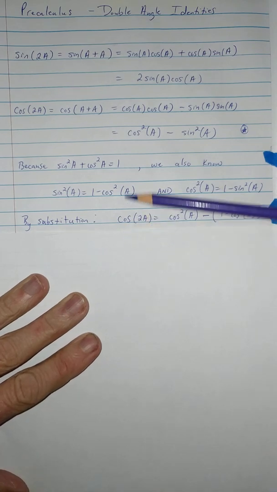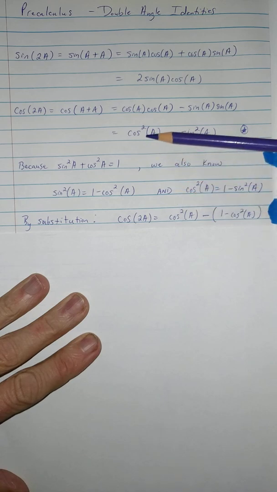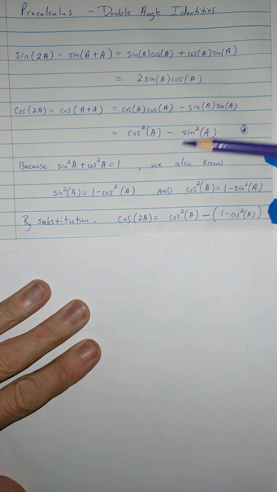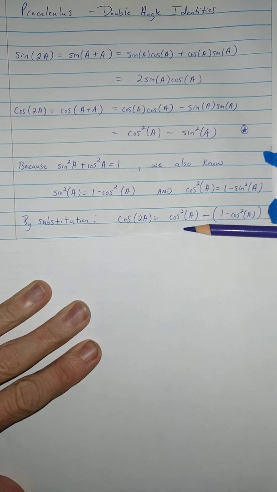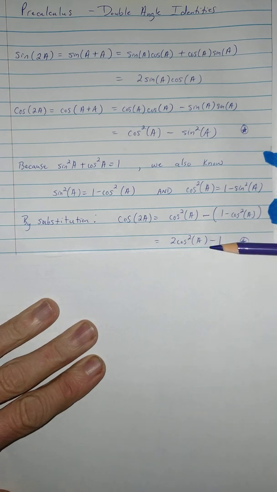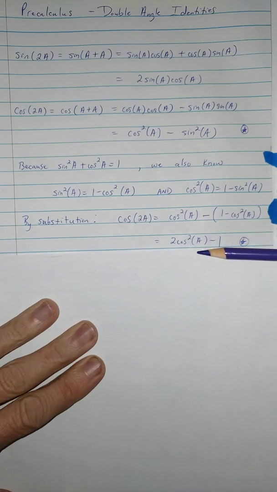So by substitution, cosine of 2a would equal cosine squared a minus, in parentheses, what sine squared a equals, which is 1 minus cosine squared a. Distribute the minus sign, and minus minus becomes plus. So we have cosine squared a plus cosine squared a, which will be 2 of them, and then minus 1. So here's the second double angle for cosine. Cosine of 2a equals cosine squared a minus sine squared a. It also equals 2 cosine squared a minus 1.